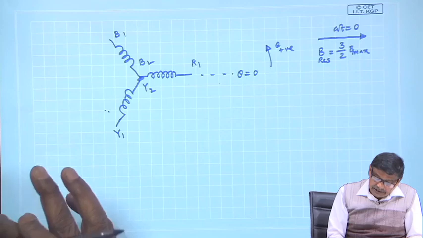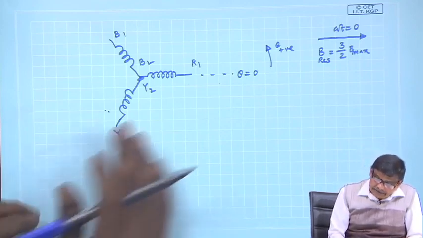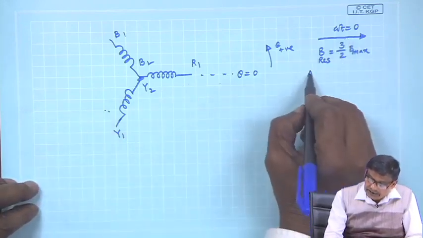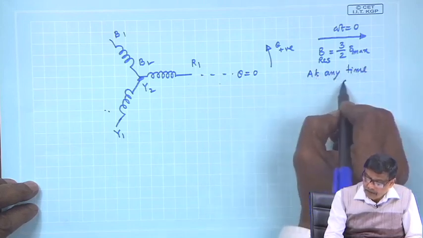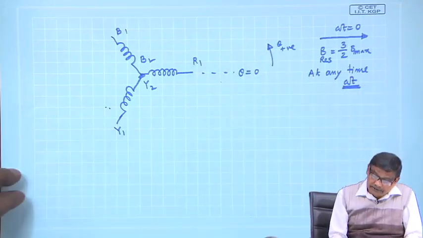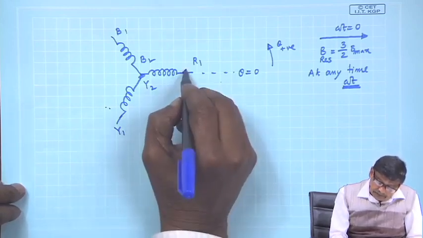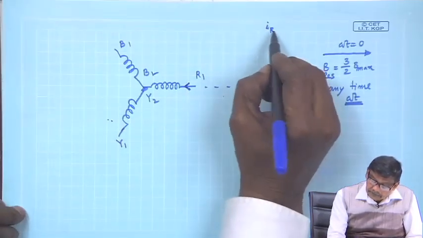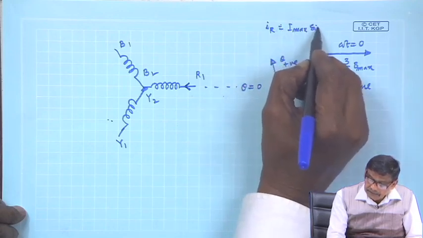Now, suppose I will now say, okay, instead of taking some discrete values of angles, let us say that if this is omega t equal to 0, then at any time omega t, time passes, any arbitrary time omega t, in that case, this is the current I r equal to I max sin omega t, is it not?